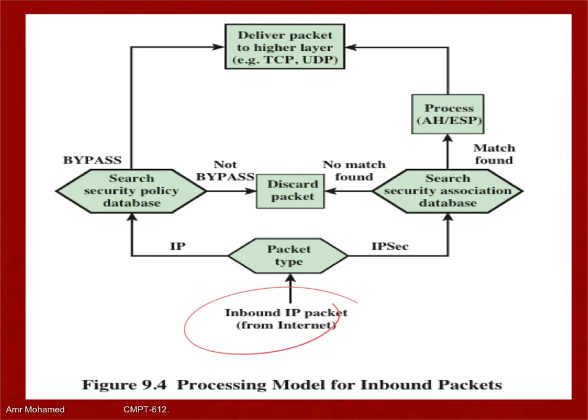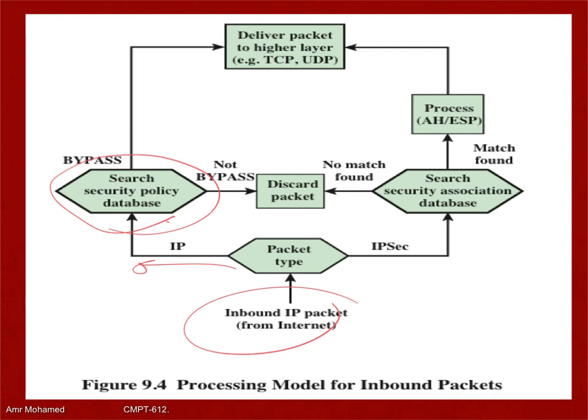So if the packet type is IP, this means that originally the policy for this traffic was supposed to be bypass. So we have to go to the security policy database and make sure that indeed the action assigned to this particular traffic is bypass.